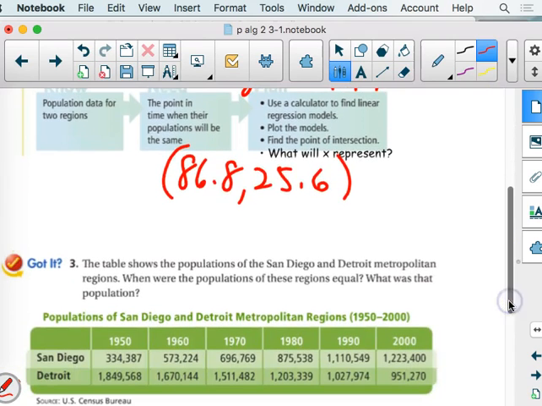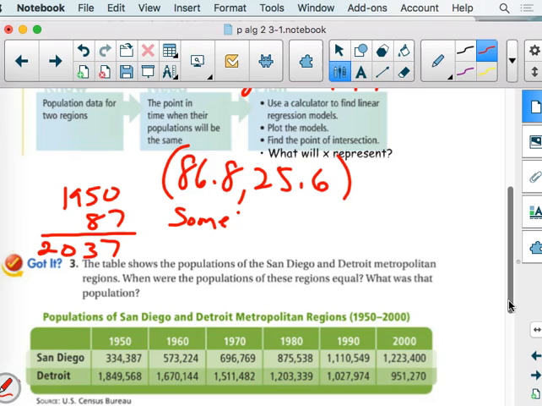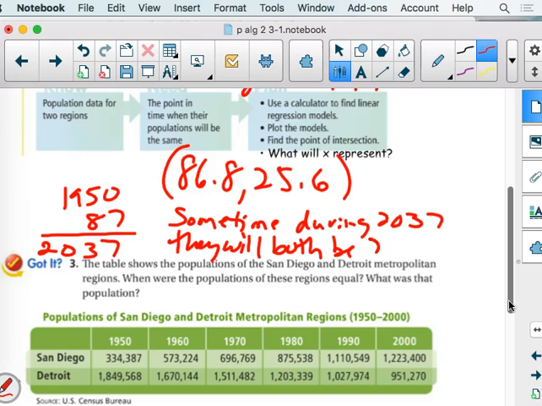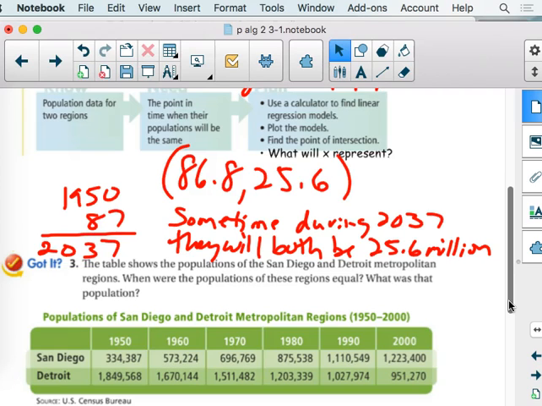So 1950 plus 87, sometime during 2037, they will both be 25.6 million. That's when they would be the same.